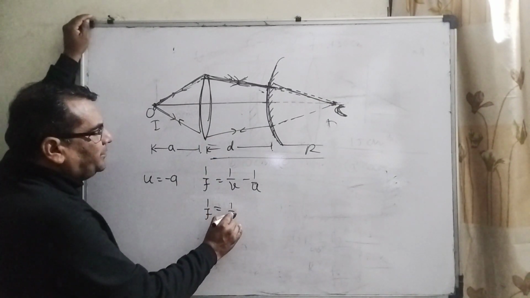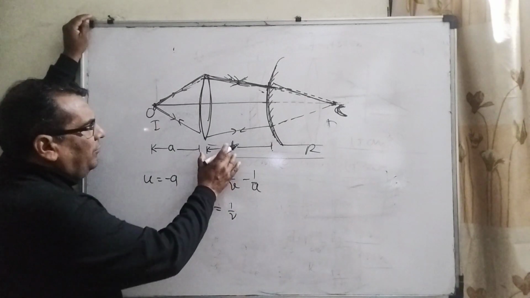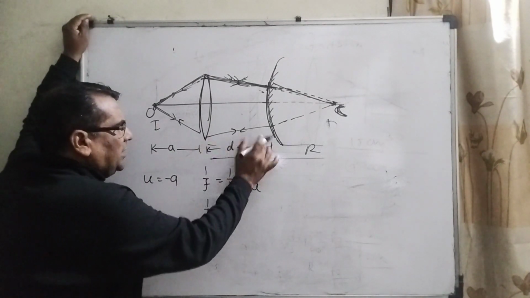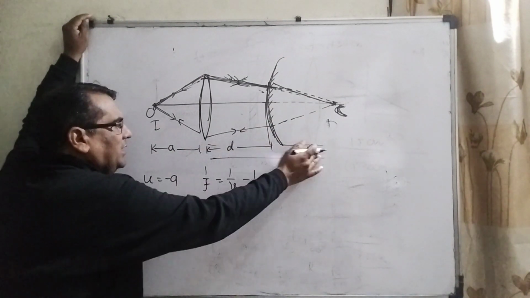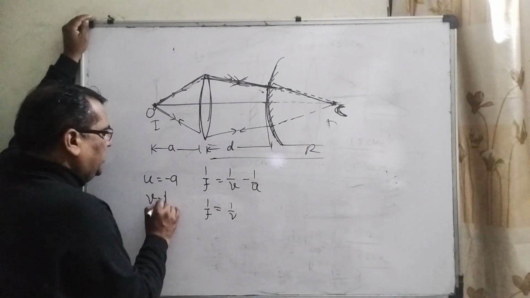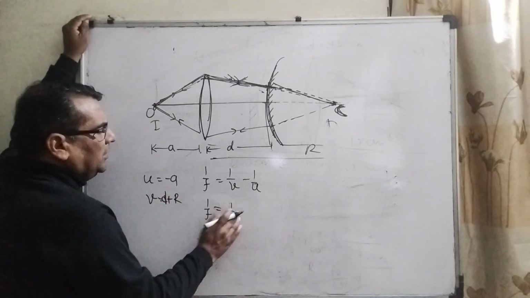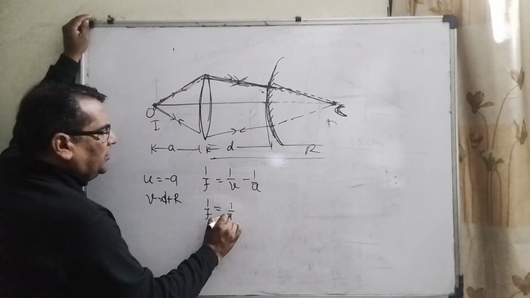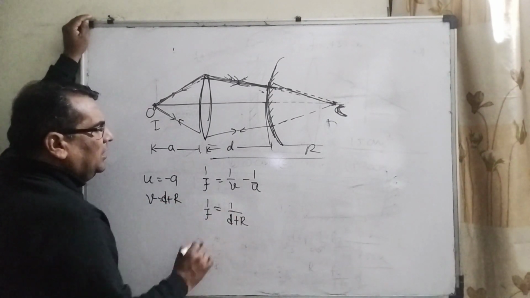What is v? This is the total distance d, and it appears to be d plus R, so v equals d plus R, which is positive.